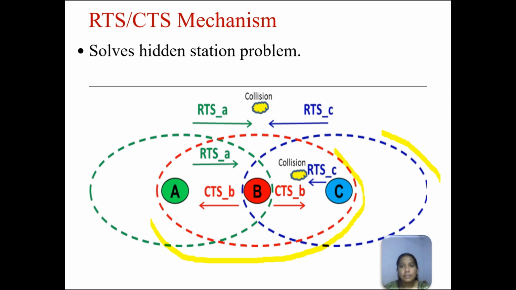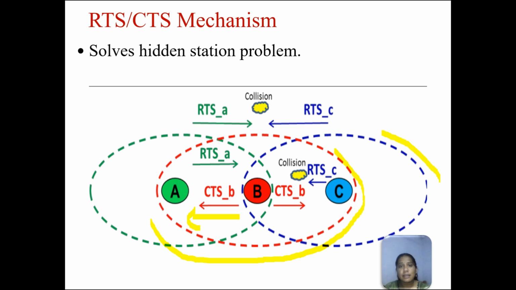The diagram here shows that station A wants to send data to station B, but there is also a hidden station C, which cannot sense A's transmission directly. First, A sends a request to send frame to station B. Station B replies with the clear to send frame.